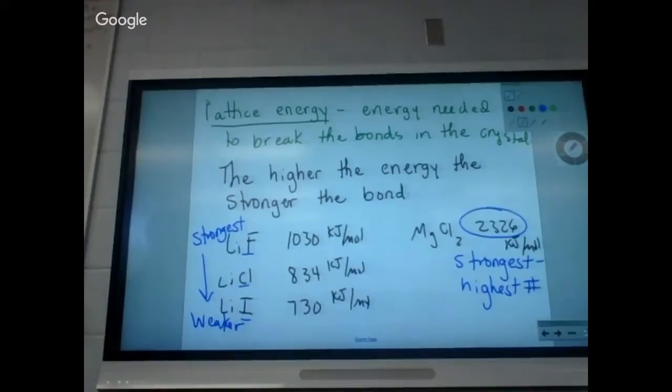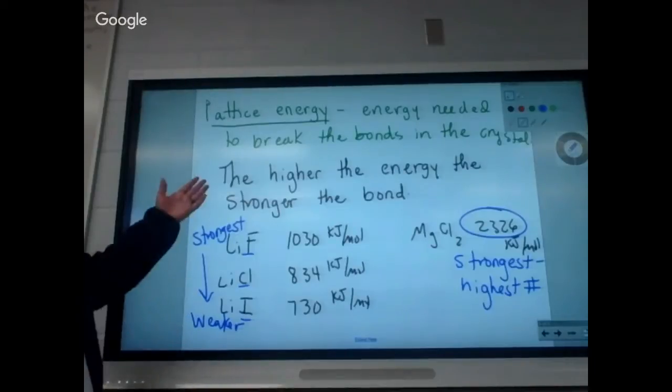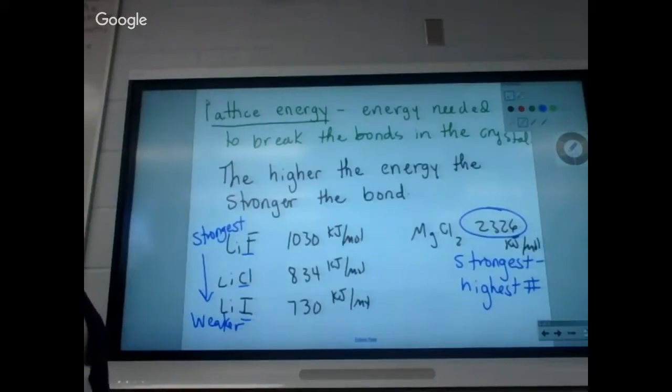Why numbers change, that's an AP topic. I'm not talking about that today. All you need to know is that lattice energy is based on size. The greater the lattice energy, the stronger the bond. So, the greater the lattice energy, the stronger the crystal, the stronger the bond.